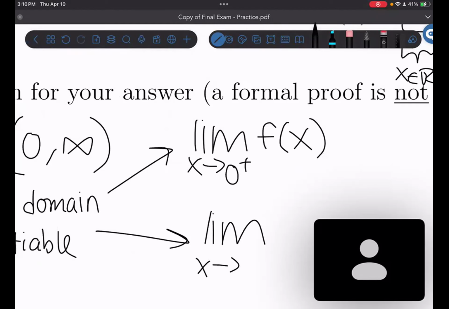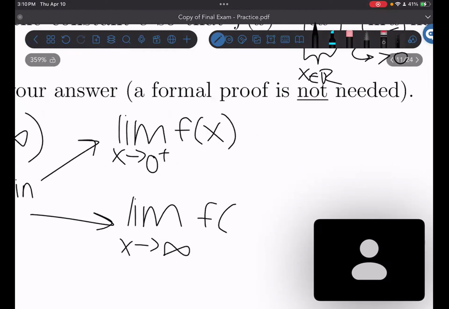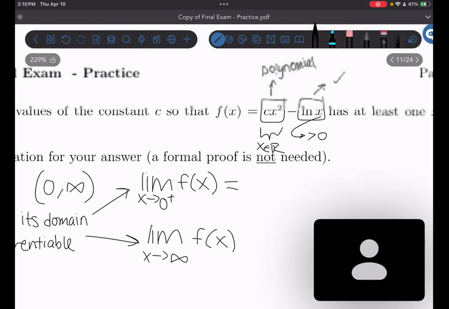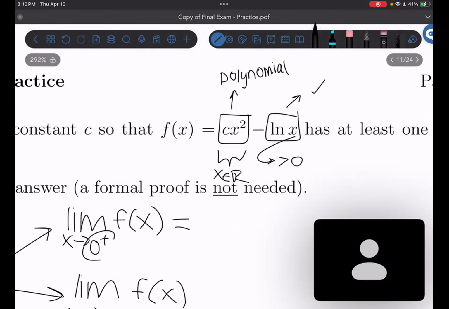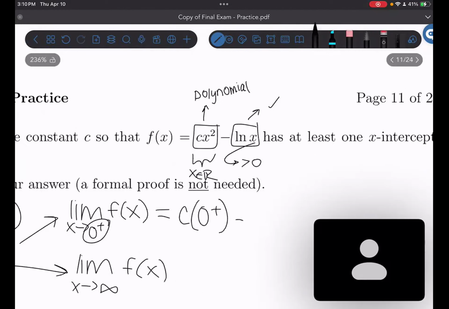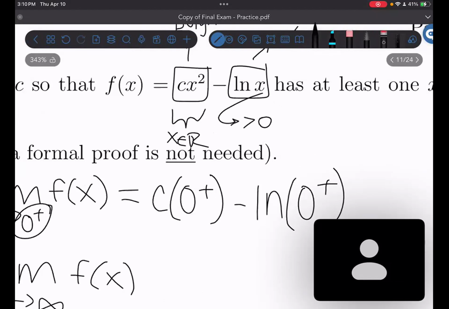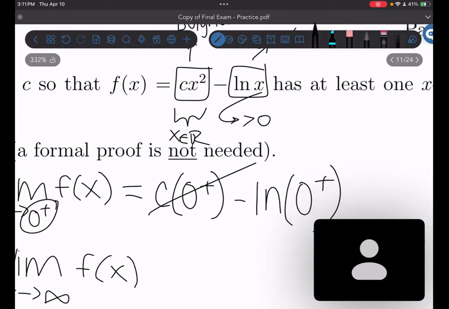So, the limit as x approaches 0 from the right of f of x. Since our function's continuous, we can simply sub this in. It's going to be positive minus ln 0 from the right. Since our constant is greater than 0, c times 0 is just 0.